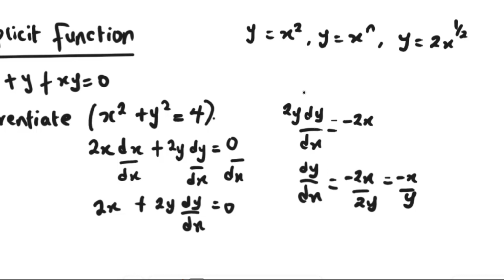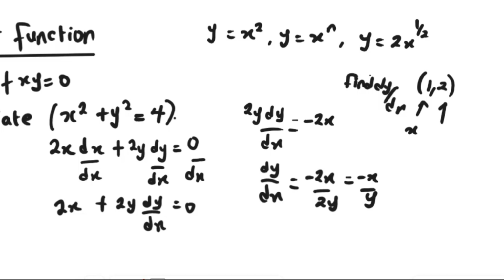Let's assume the question says to differentiate x squared plus y squared equals 4, that is, find dy/dx at the point (1, 2), which gives you the gradient at that particular point. Here, our x is equal to 1 and our y is equal to 2.